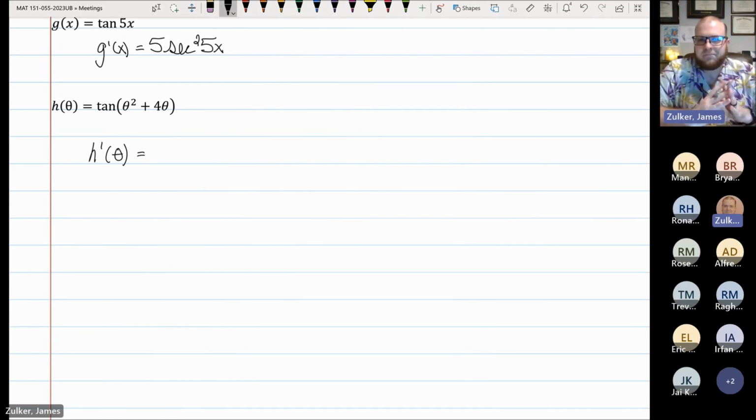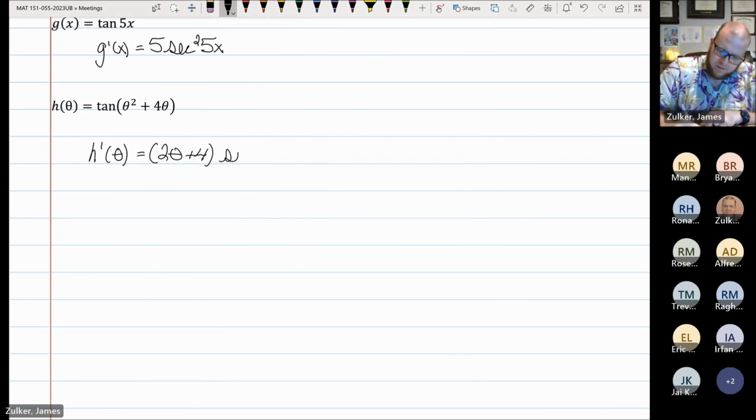Another tangent function, u prime times secant squared of u.